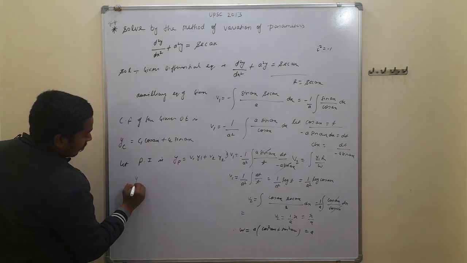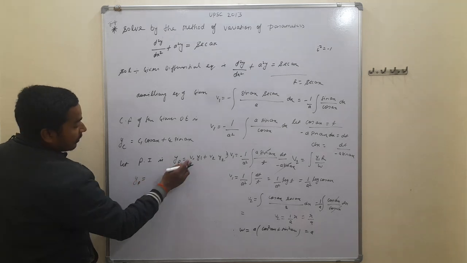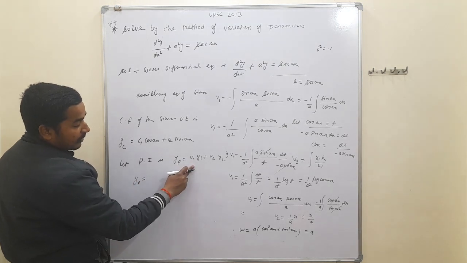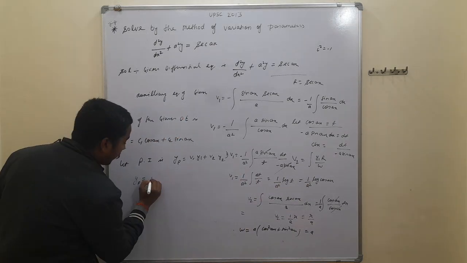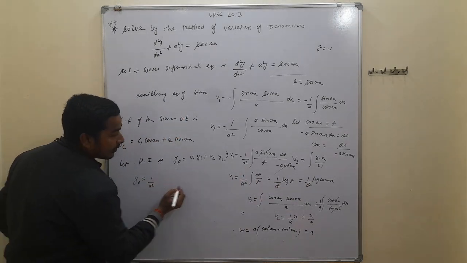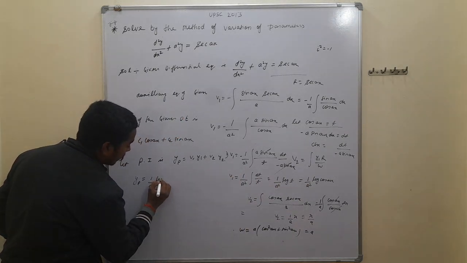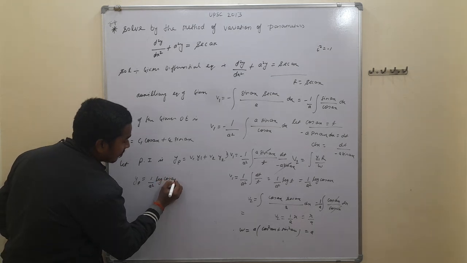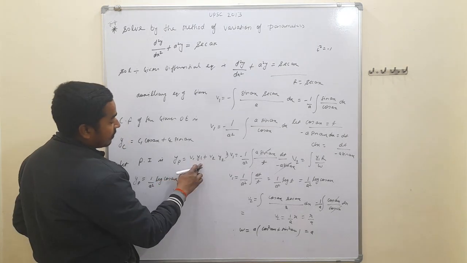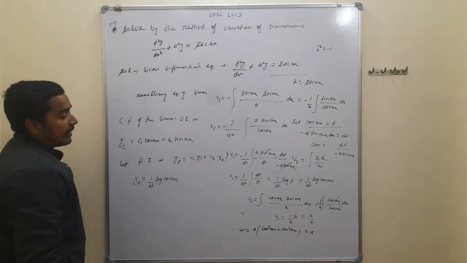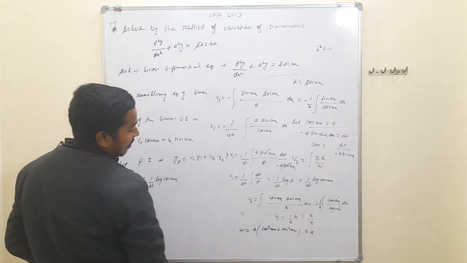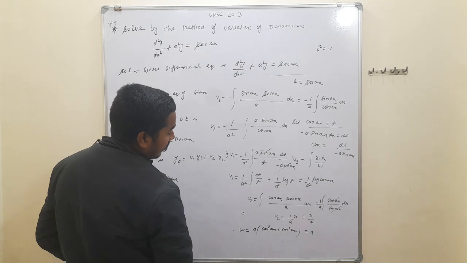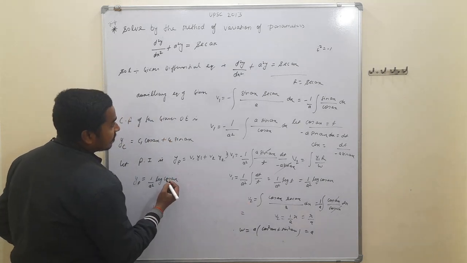Further we have to write the particular solution here. This gives yp is equal to v1 times y1 plus v2 times y2. V1 is 1 upon a square log of cos ax, and y1 is cos ax.